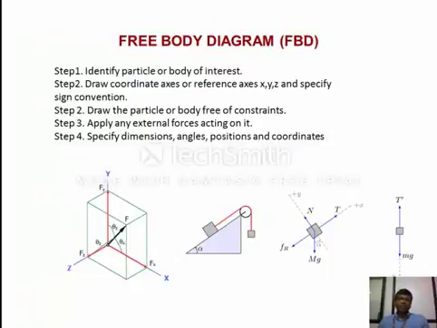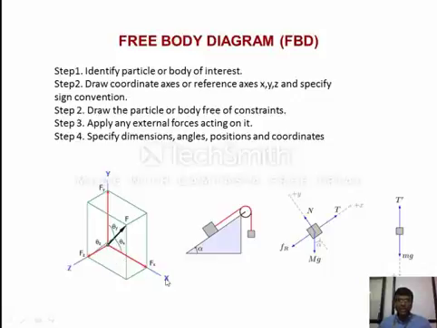So what I am talking about is a free body diagram. First of all, look at the coordinate axes: x-axis, y-axis, z-axis. If the force is acting in the direction of the y-axis, along that direction, it is positive. Similarly, forces acting in the z direction are positive, and in the x direction are positive.